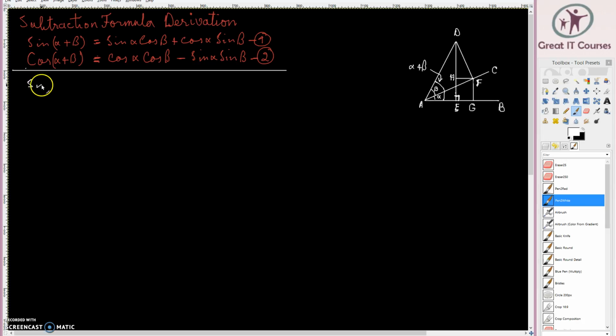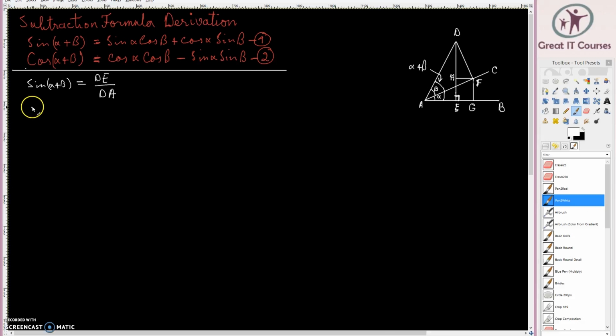So now you know that based on the figure, sine alpha plus beta is equal to DE divided by DA, because it's the opposite divided by the hypotenuse.